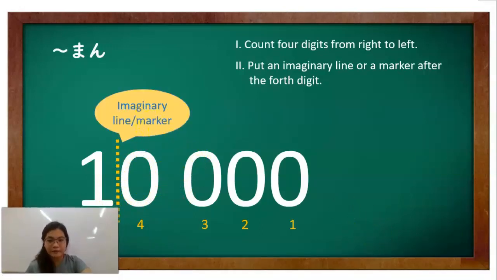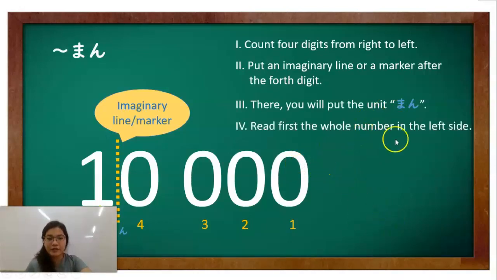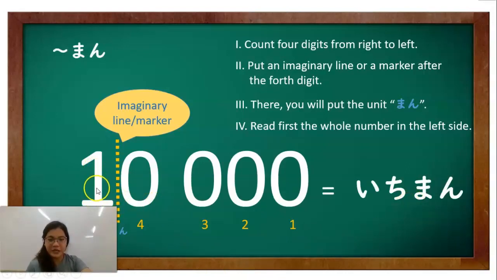And then you put the unit man here. Okay, and then read first the whole number on the left side. So this is 1. In Japanese, this is ichi. So that would make ichiman.